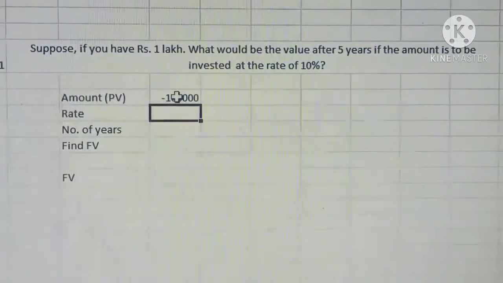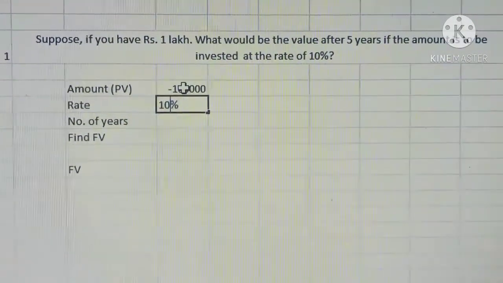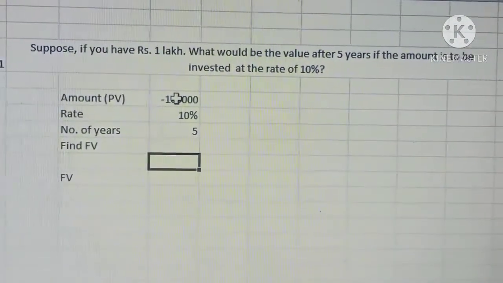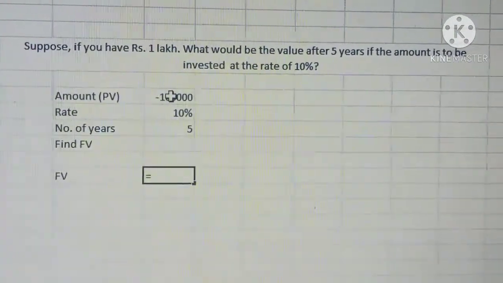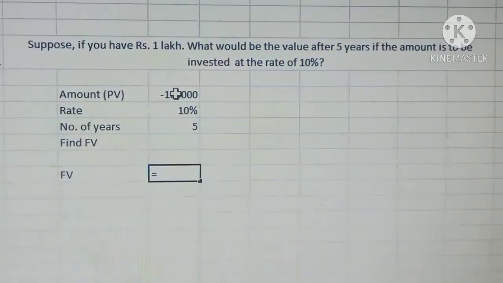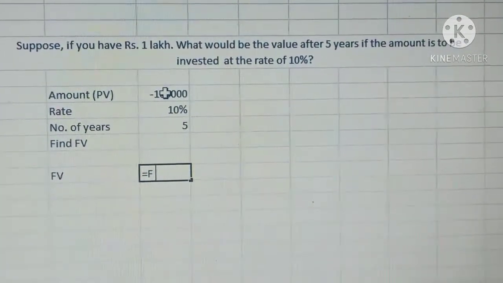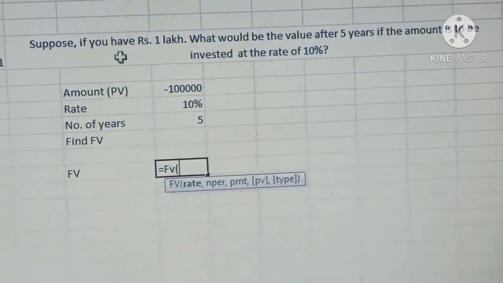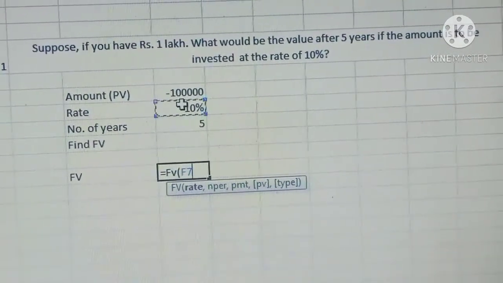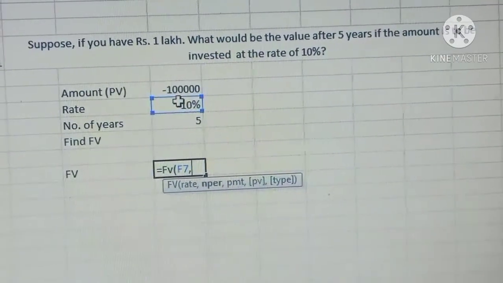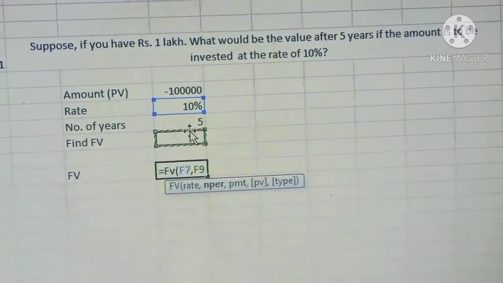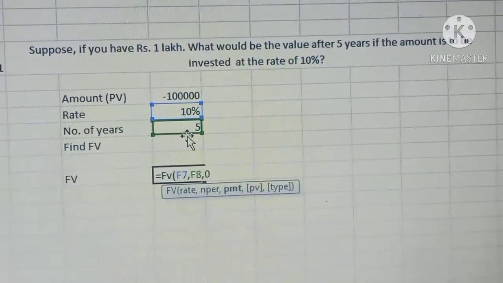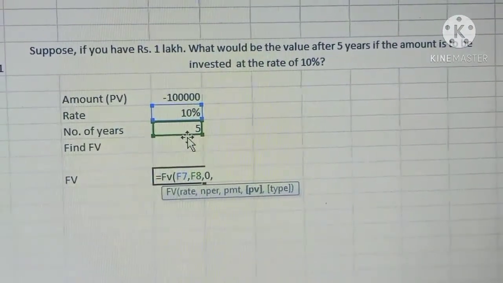You are going to invest at the rate of 10% for the period of 5 years, and we are going to apply the future value formula, that is FV formula. Your rate is 10%, the number of years is 5, PMT is 0 because you are not investing every month.